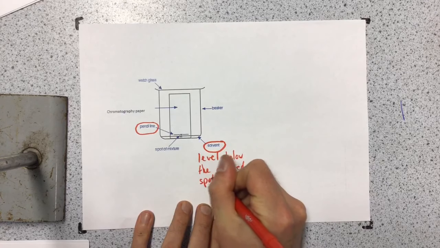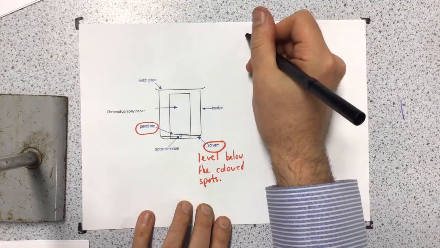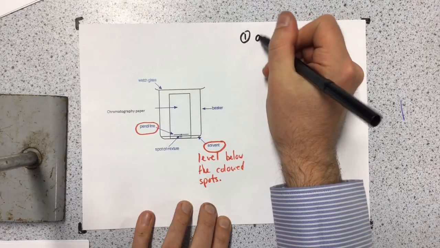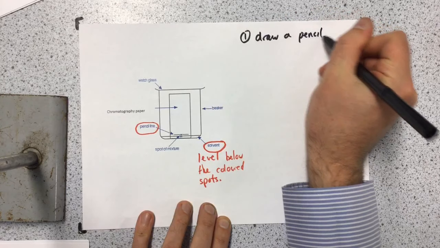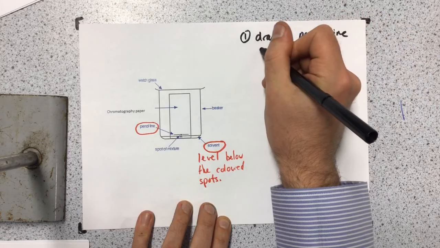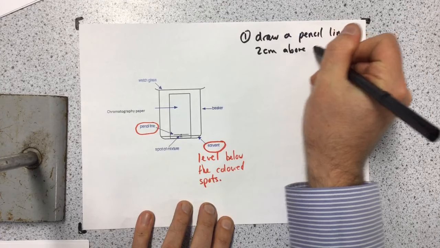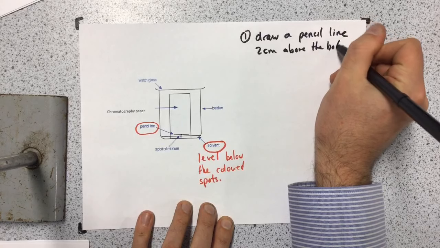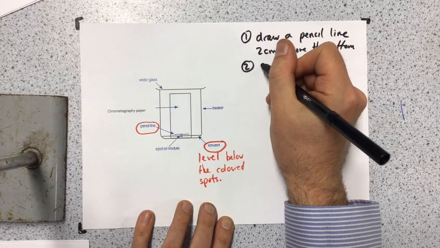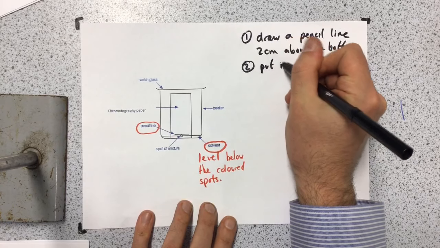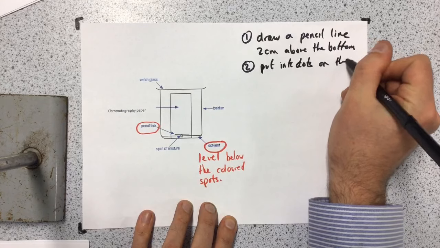Just to take you through the required practical, the first thing you will do is draw a pencil line a couple of centimetres above the bottom of the paper. You will then put ink dots on the pencil line.